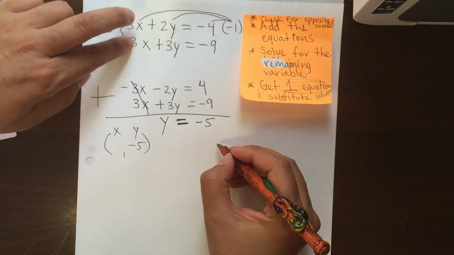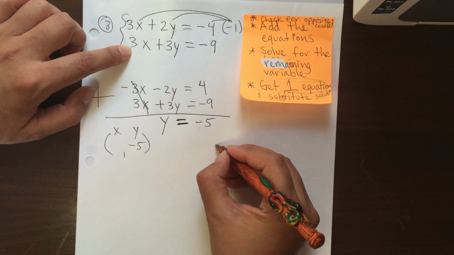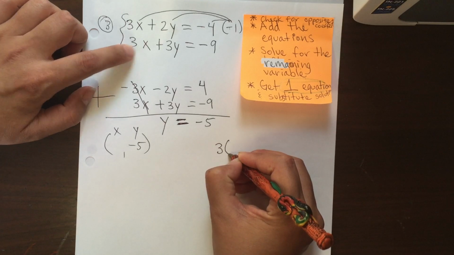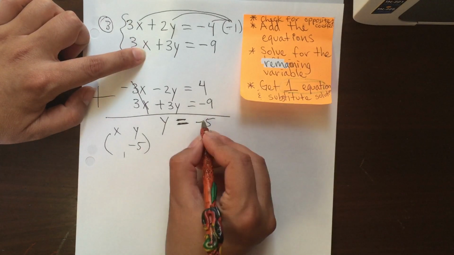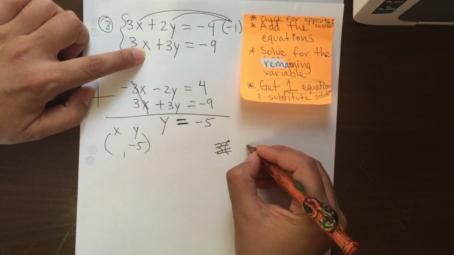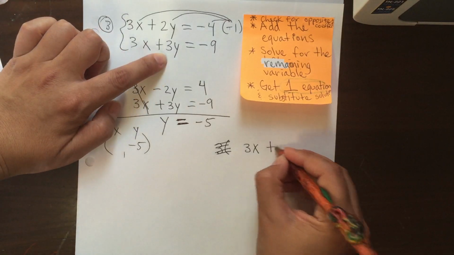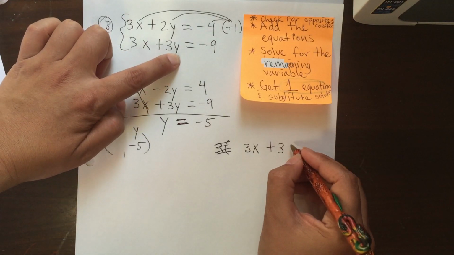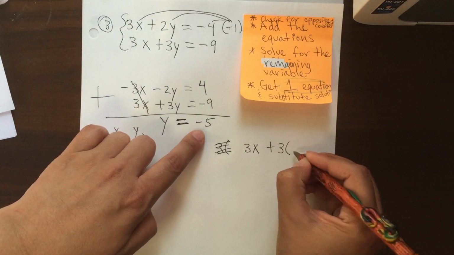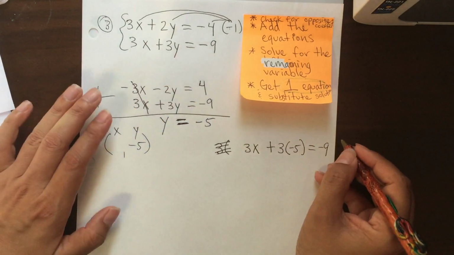For my x, I'm going to choose one of the two equations. Let me choose the second one. Whoops, it's not x that I have in here, it's y, so I shouldn't put this in here, so that I don't get you confused. 3x plus 3 times y, but we know that the y's value is -5, equals -9.